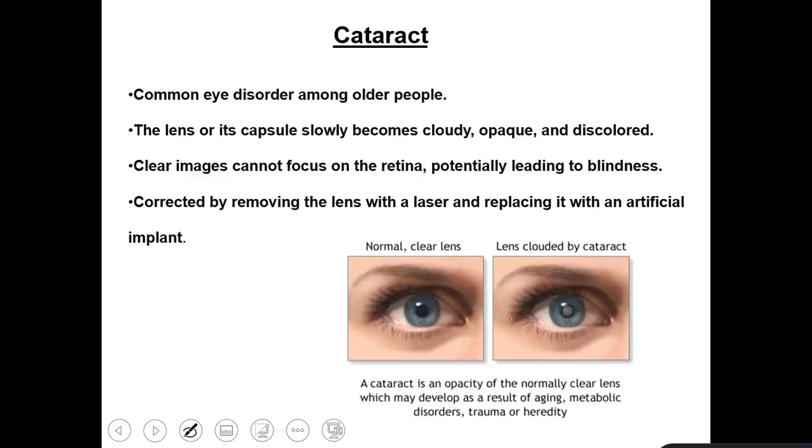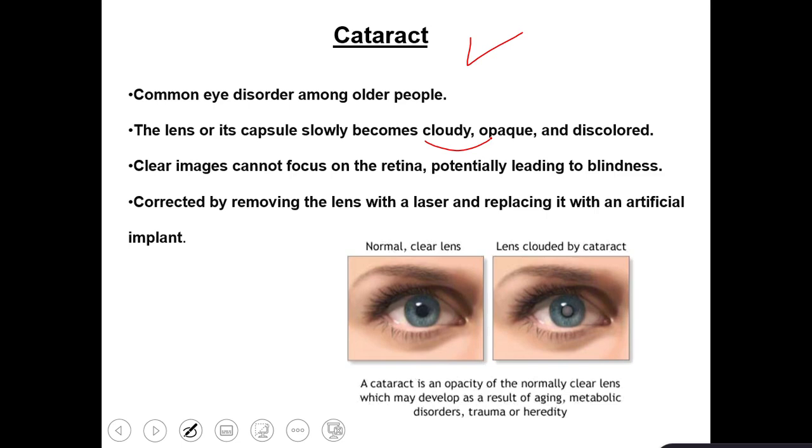Another condition affecting the lens is cataract, which is also a common eye disorder among older people. Here, the lens or its capsule becomes cloudy, so the light cannot go to the retina in enough amount.